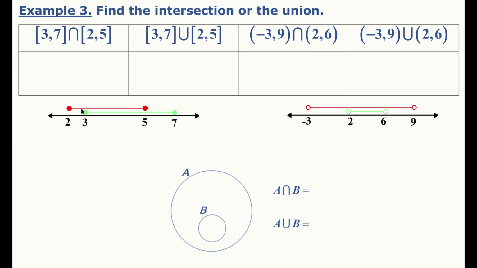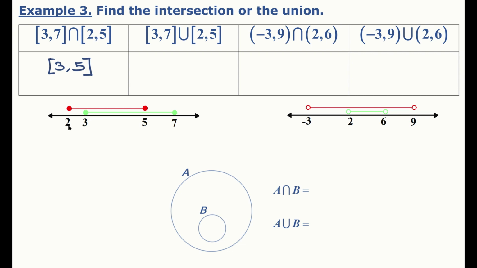And we can write that answer as bracket 3, 5 bracket. So in other words, it will be closed because notice that 3 is in both sets. It's in the green set and the red set. So it's in the intersection, and the same goes for 5. It's in the red set. It's also in the green set. So that's the intersection of these two intervals.